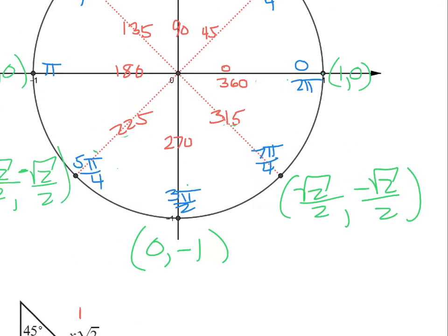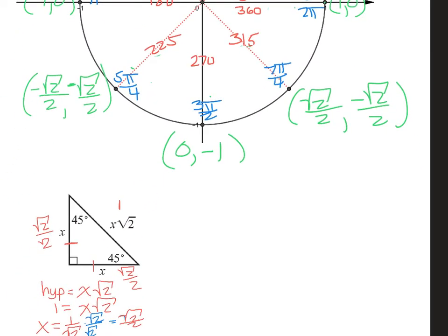Okay, so let's do a few examples like we did with the 30, 60, 90. So for example, if I said find the cosine of, say, 1,305 degrees, obviously that's not on the unit circle, so it would start to go around in a counterclockwise fashion.